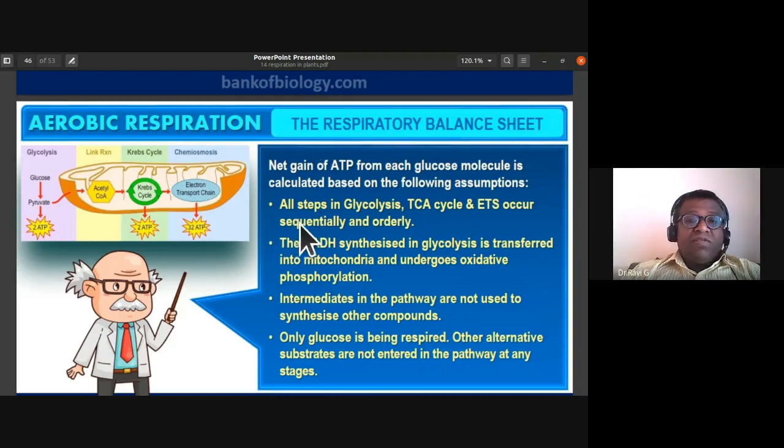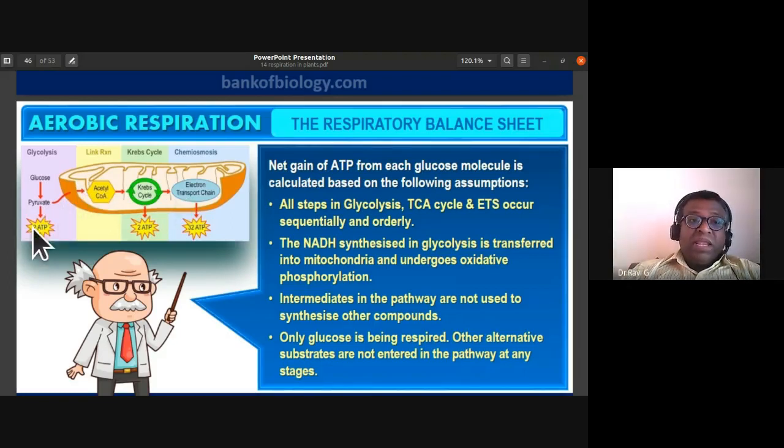So the net gain of ATP from each glucose molecule during respiration is calculated based on the following assumptions. There is an orderly and sequential process. All steps in glycolysis, TCA cycle, and ETS occur sequentially and in an orderly fashion. The NADH synthesized in glycolysis is transferred into mitochondria and undergoes oxidative phosphorylation.